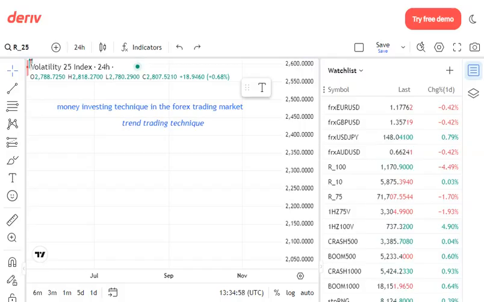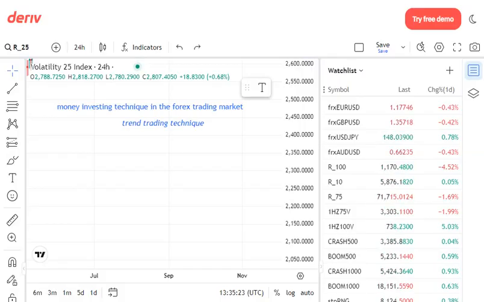So we read on. This happens in pairs such as Euro USD, where euros are traded against US dollar. The value of these currencies fluctuates based on factors like interest rates, economic data, and geopolitical events.